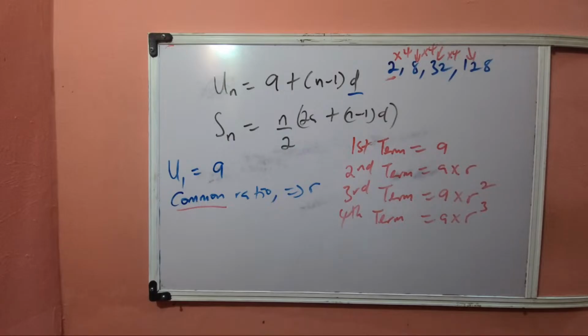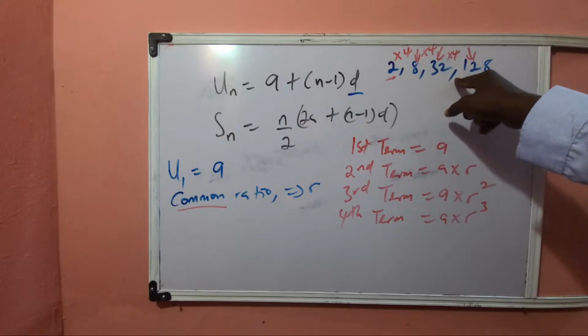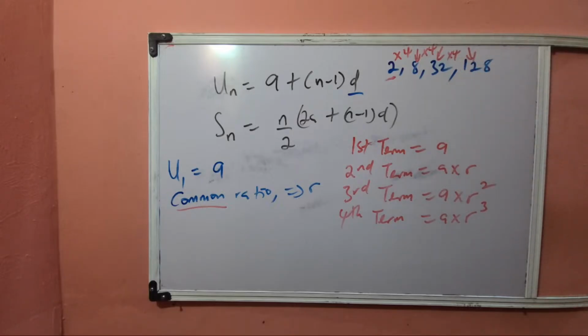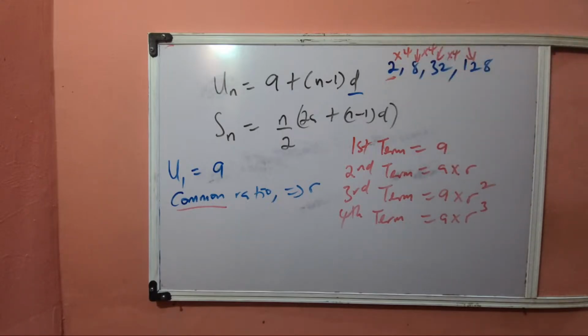So you can see that's why it's called the common ratio. It's common to every one of them. Once there is maybe the same ratio between one or two, and it doesn't occur in the next one, then that's not a GP. One of the things that defines a GP is that it must have what we call a common ratio. And that common ratio must be common. It must go on from the first to the very last term.